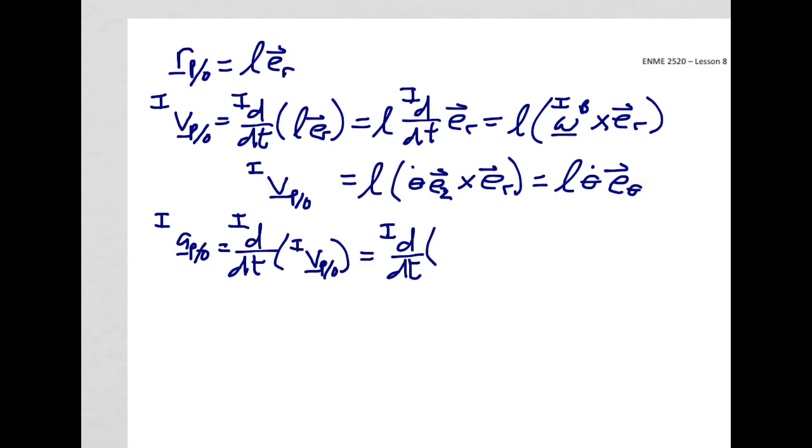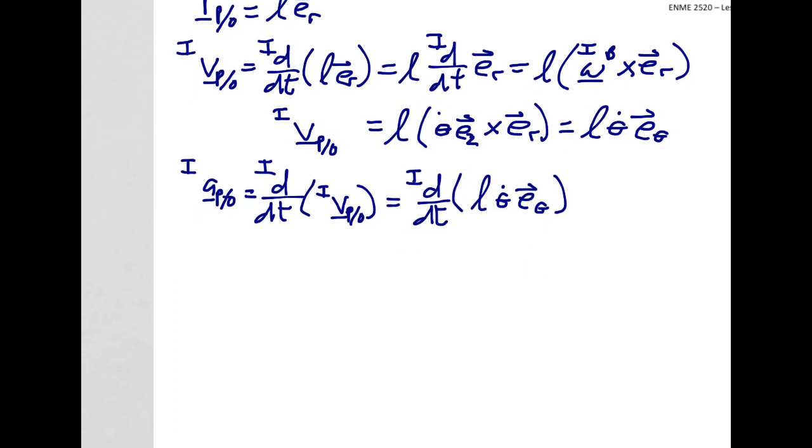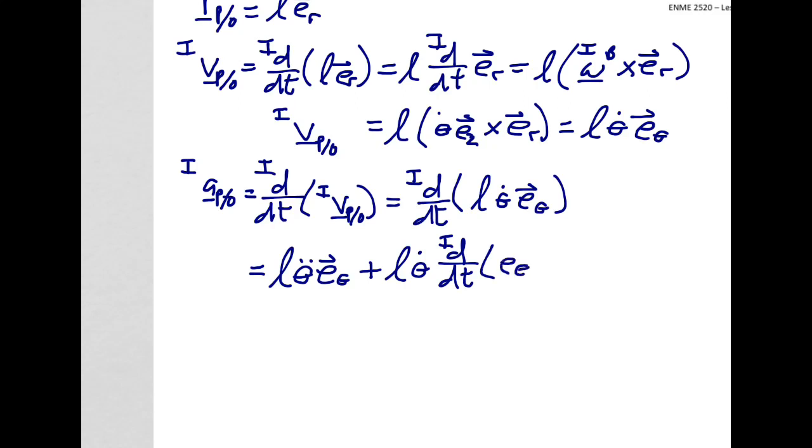So we substitute this in, L theta dot in the E sub theta direction. And then let's go through the chain rule. Our first term, L is constant, theta double dot multiplied times E sub theta. And then we take the next one, L theta dot multiplied times the time derivative as observed in the inertial reference frame of E sub theta.